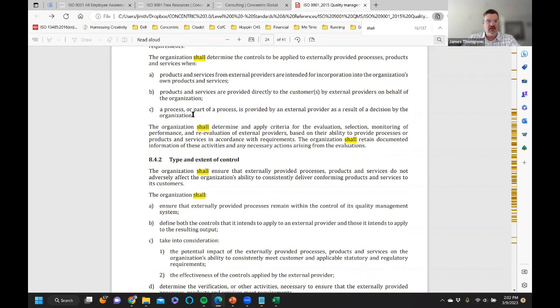So maybe a finisher, maybe a plating or hardening process or something like that.